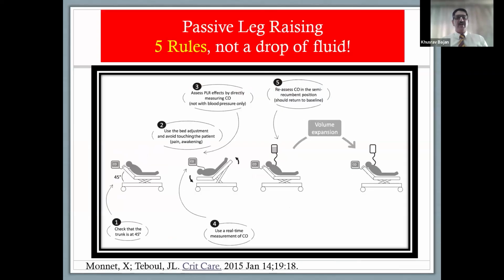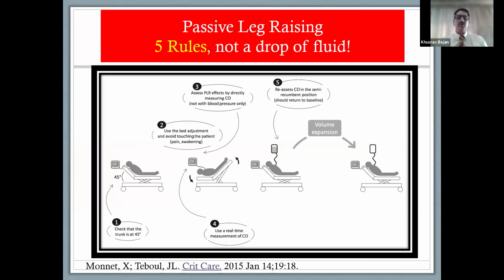Then comes the passive leg raising, the 5 rules. Not a drop of fluid is given, and you are using your own fluid from the legs into the circulation. And these are the 5 points where you are actually raising the leg at 45 degrees. It has to be done correctly at the hip. And then you are assessing the cardiac output and the changes in the stroke volume before and after this PLR.